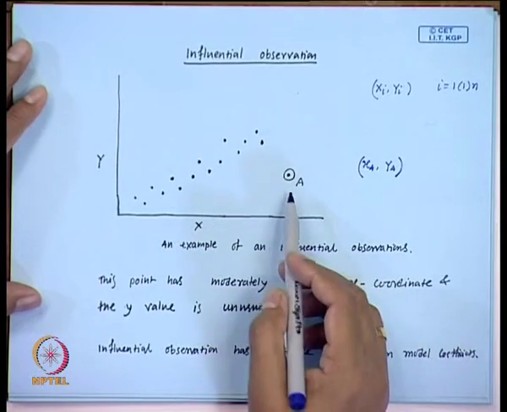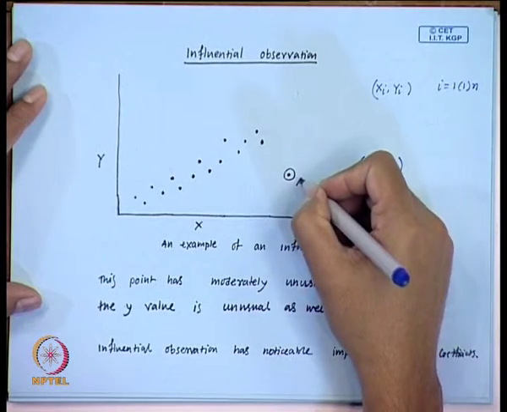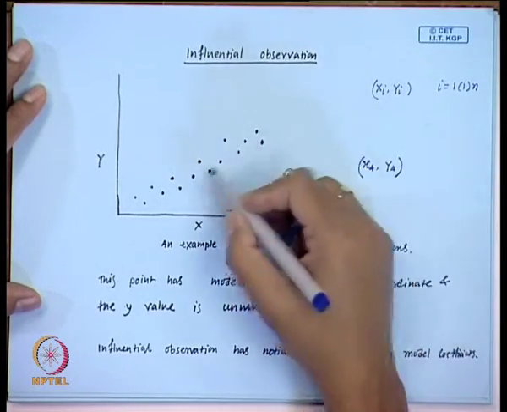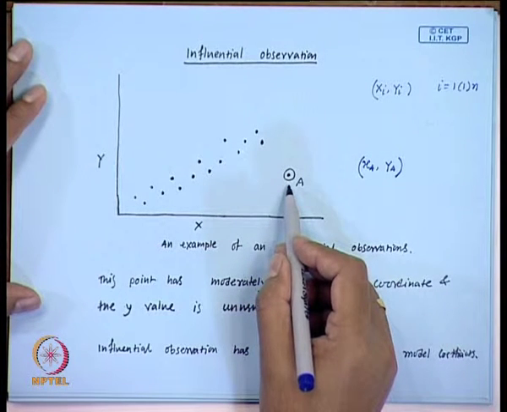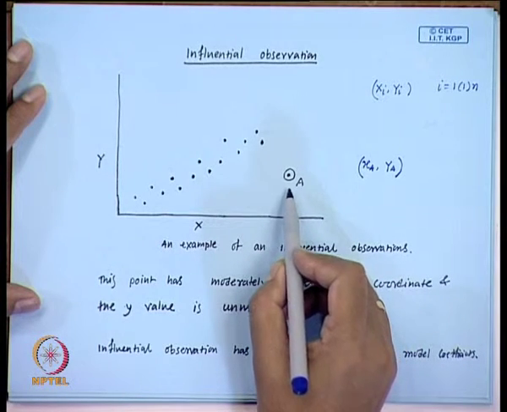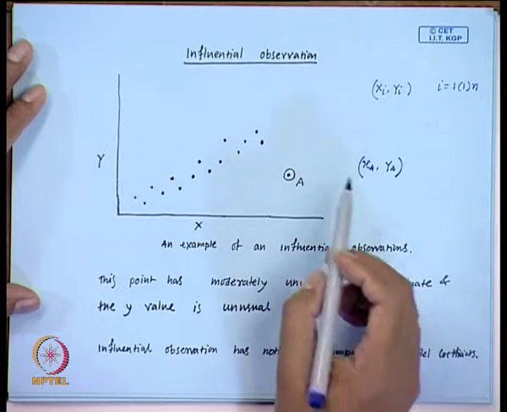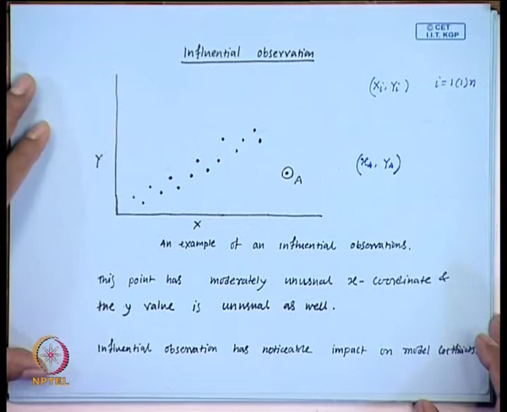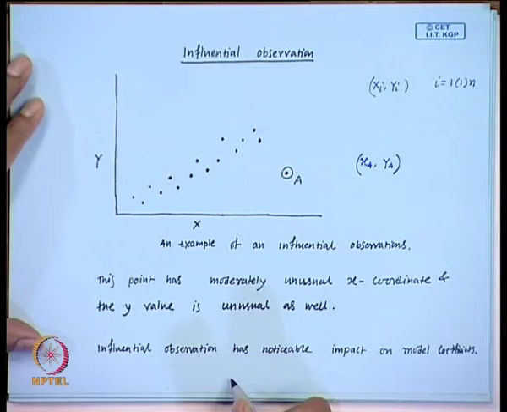Well, so this point A is not lying on the general trend of the data set. So, this is a leverage point, as well as it is not on the general trend of the data set. So, this type of observation is called an influential observation, and the influential observation has a noticeable impact on model coefficients.